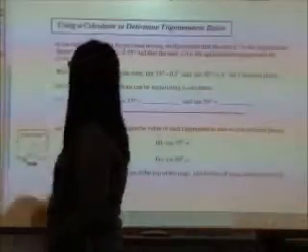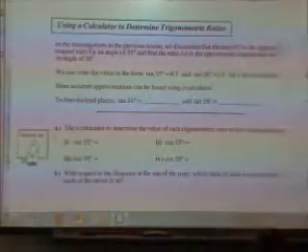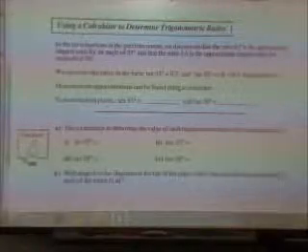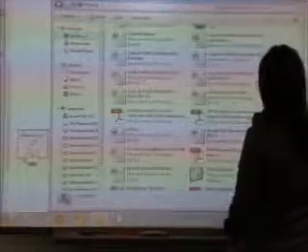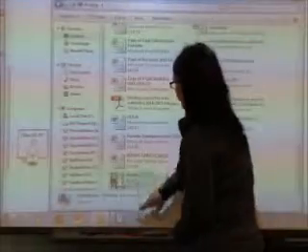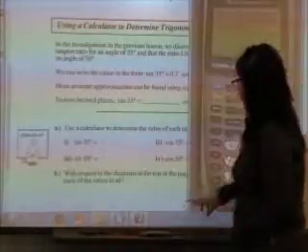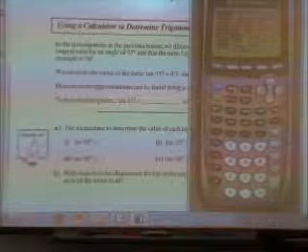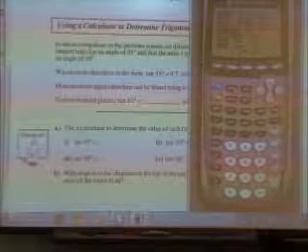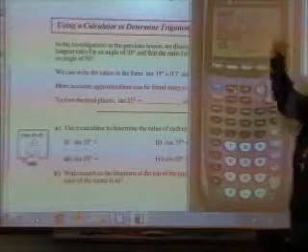Now, we can use our calculators to help us figure out these trig ratios. If you grab your calculator right now, turn your calculators on. Press the mode button on your calculator and make sure that degree is highlighted in black.